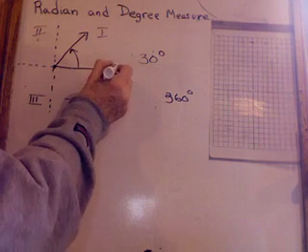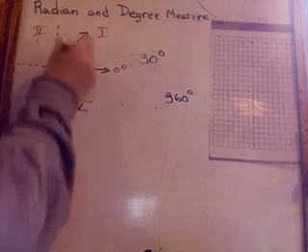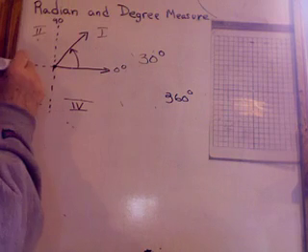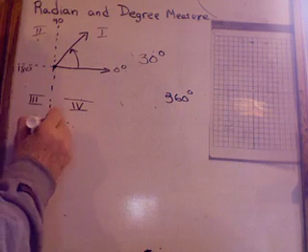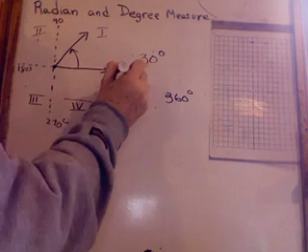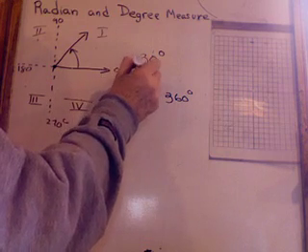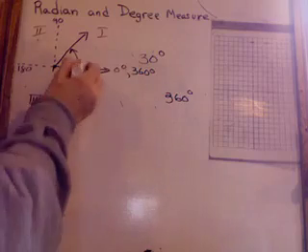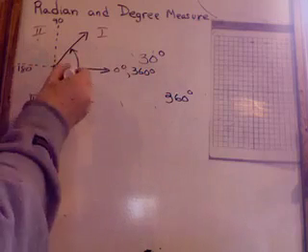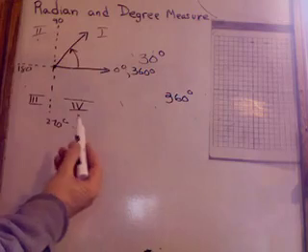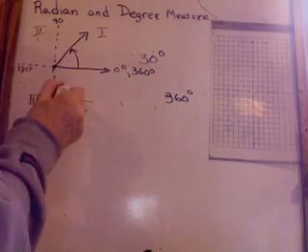Now, I could call this 0 degrees here. This would be 90, this would be 180, this would be 270, and back here again at 0 is also called 360. I measure degrees going in a counterclockwise manner. Now, this is 30 degrees.